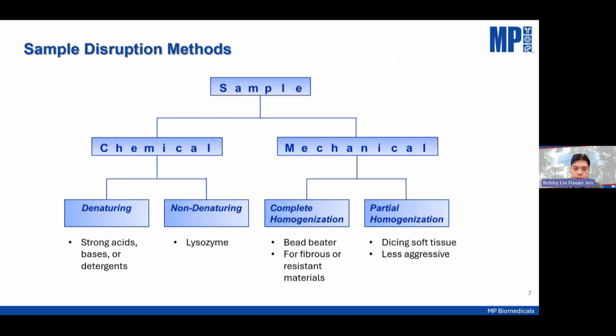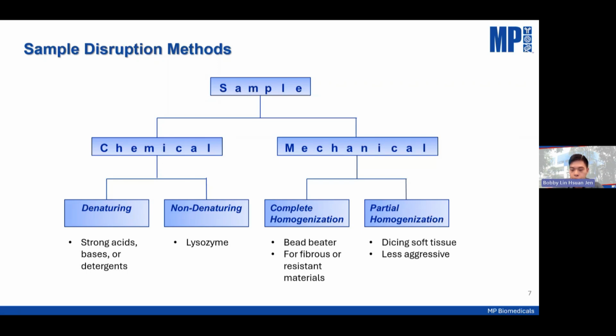So with that being said, sample disruption methods have been segregated into two different fields. The first being chemical and the second being mechanical. With chemical homogenization, we also have denaturing and non-denaturing methods, where the denaturing method utilizes a stronger acid or base or even detergent that essentially unfolds the protein.